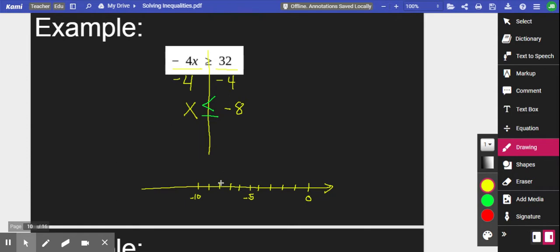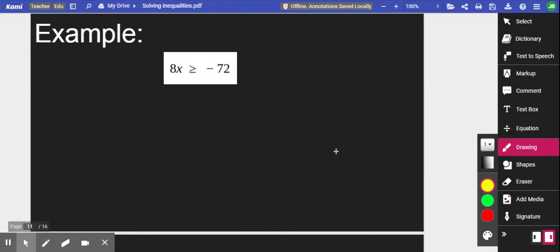So we are going to be at -8, and because this is less than or equal, meaning it could equal -8, I am going to use a closed dot, and we're looking at all the terms that are less than, so our arrow would be pointed to the left. So that is how we would graph our solution.